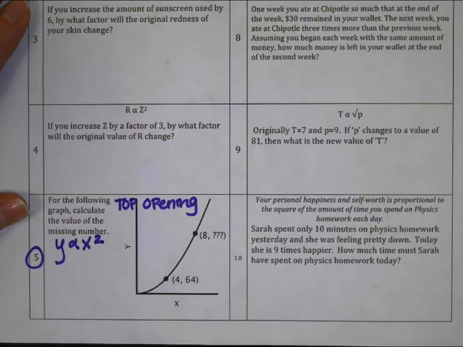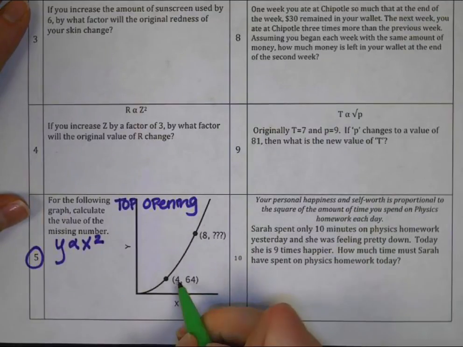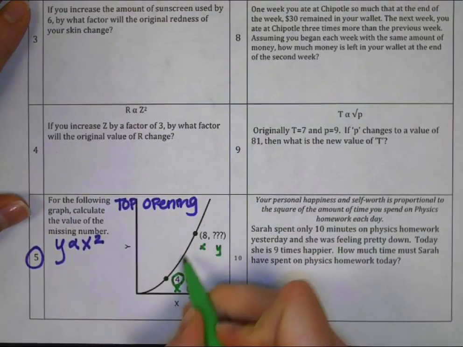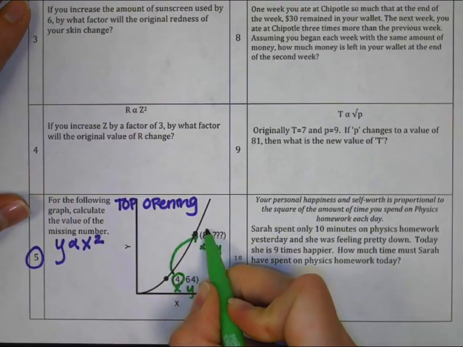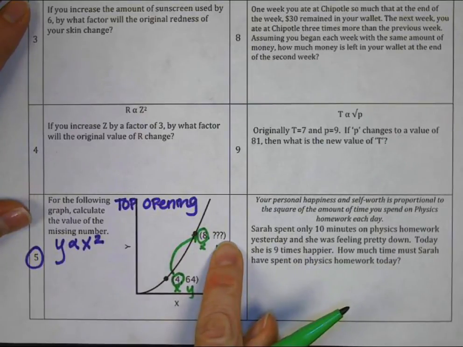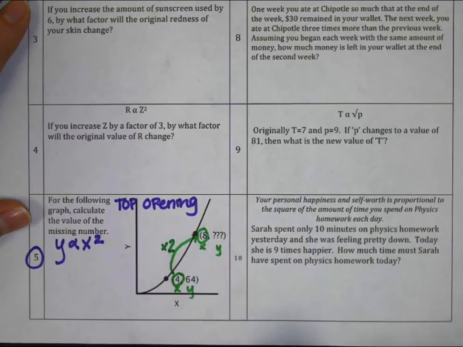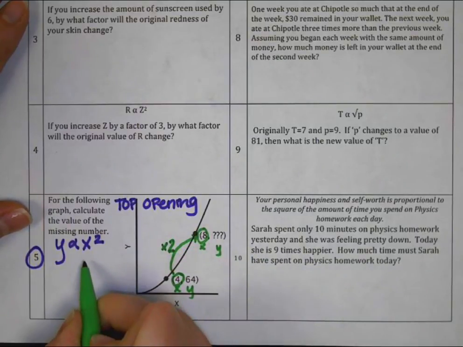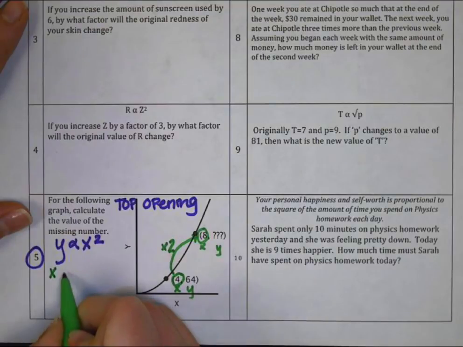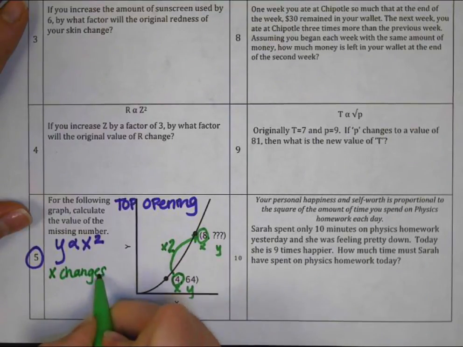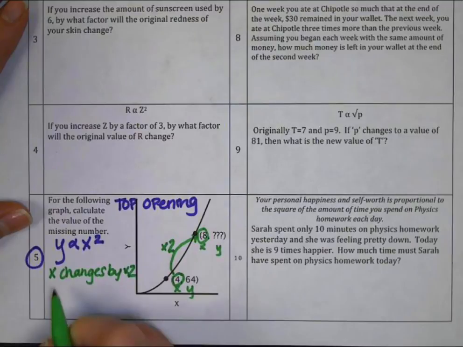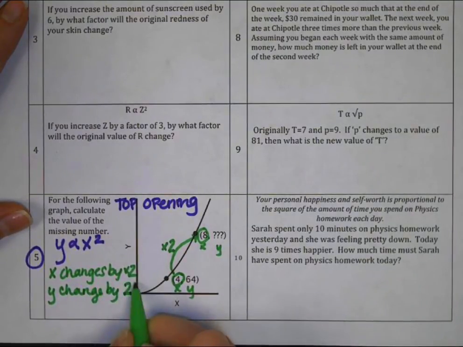I'm given information on the graph. You have x always comes first, right? This is x and y and x and y. X changes from 4 to 8. It's asking what the second y would be. So from 4 to 8, I change by a factor of 2. If x changes by a factor of 2, y will change by 2 squared, or simply known as 4.